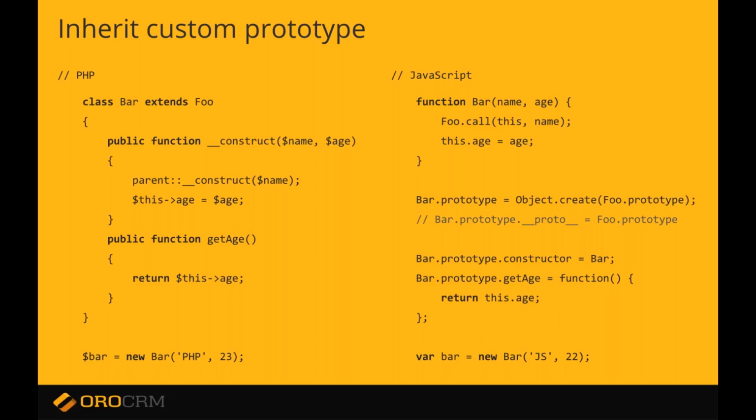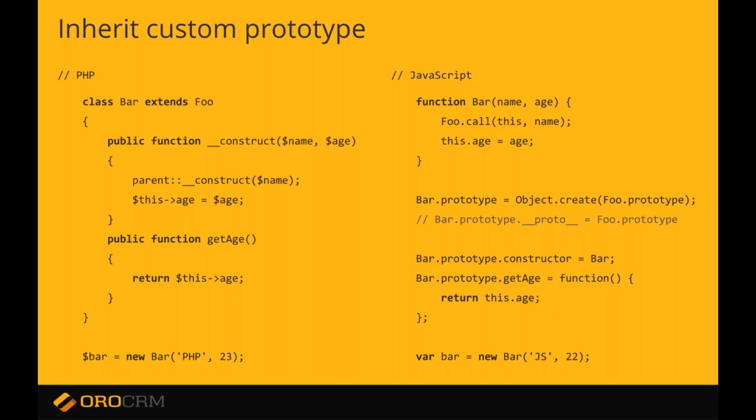So we invoke the foo function and call it with the context that we have, the newly created context, and pass only one argument, name. After that we deal with age.